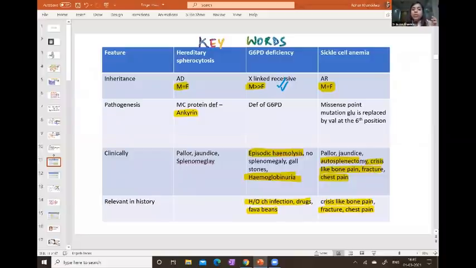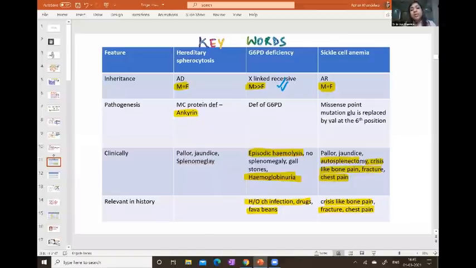Also, there can be a history of an African patient who consumes fava beans. These are kind of French beans which we have, correct? So that history can be given in the MCQ exams. Please focus on that. For sickle cell anemia, the different thing in the history can be that of any crisis.